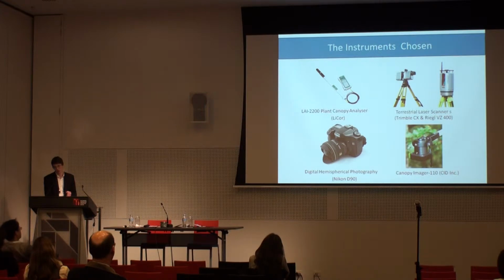We also chose to incorporate 2 laser scanners. One was the Trimble CX, which is a phase-based scanner, and the Riegl VZ400 is a time-of-flight scanner. So the main difference between them is that the time-of-flight scanners can generally sense a lot greater distance, so the range is a lot more effective than phase-based scanners.